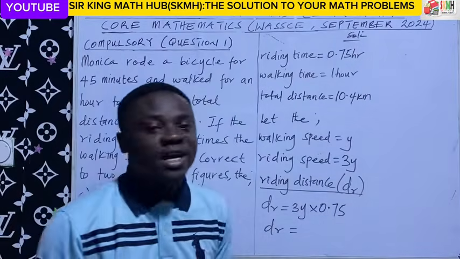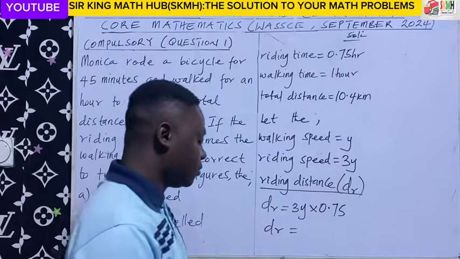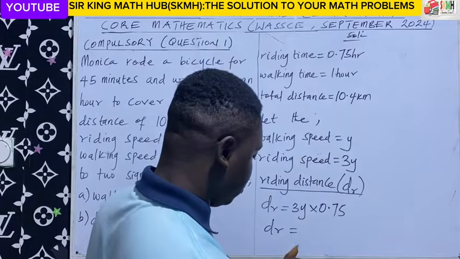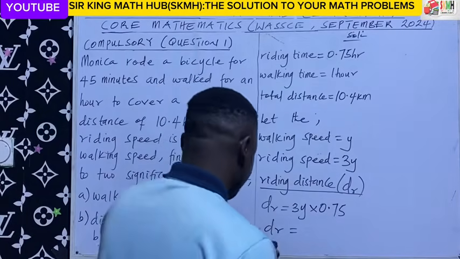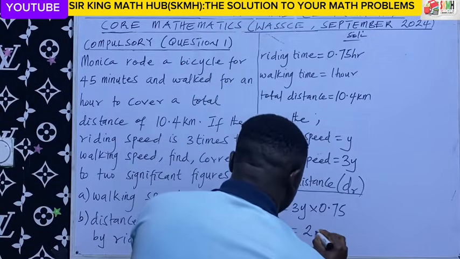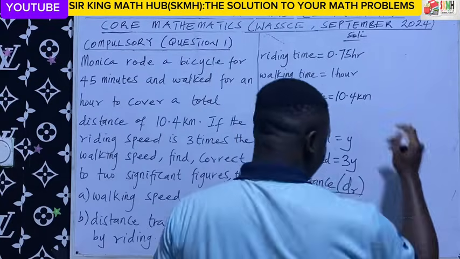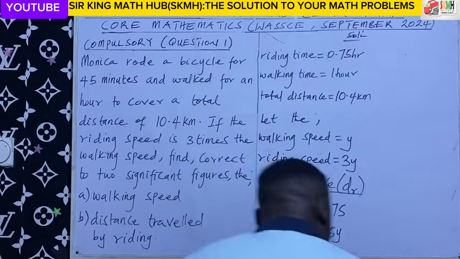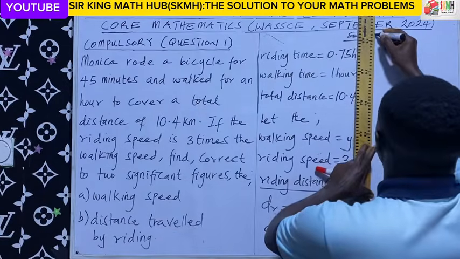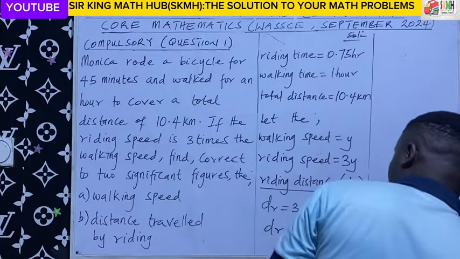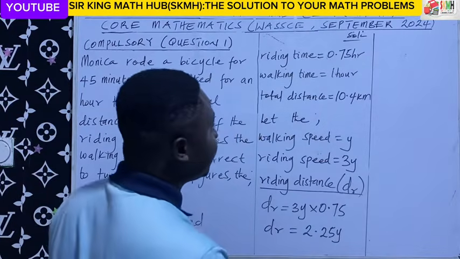So 3y times 0.75 gives us 2.25y. That is the riding distance.